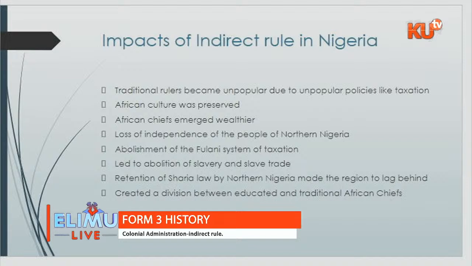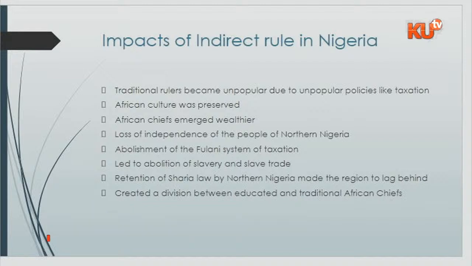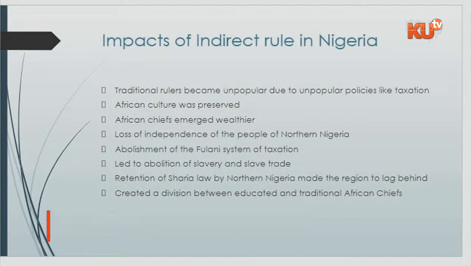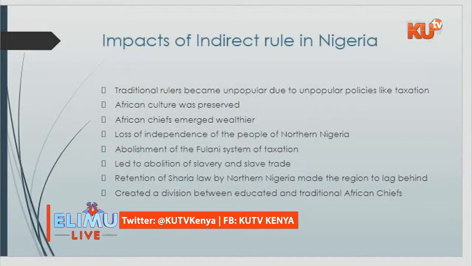Number two, the African culture was well preserved. Indirect rule preserved the African culture. Why? For instance, in northern Nigeria, where the caliphate was given its autonomy, under him the emirs or the local chiefs and the village headmen used to thrive, and this preserved the African culture.